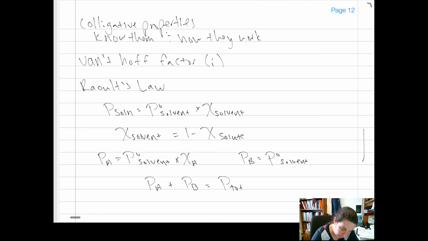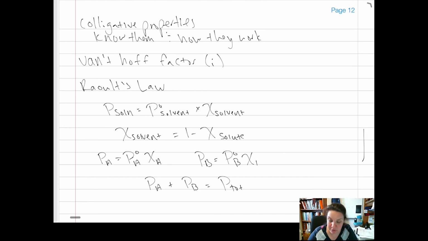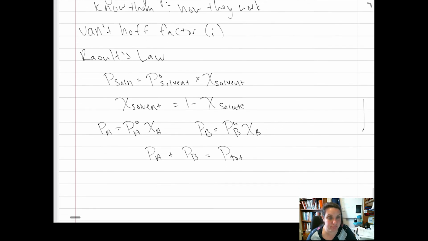I guess, actually, I'm going to write that a little differently so it makes more sense. So if we have two volatile liquids you're adding together, you're going to figure out their vapor pressure by taking their regular vapor pressure and multiplying by their mole fraction. And then adding those two together to get your total vapor pressure.